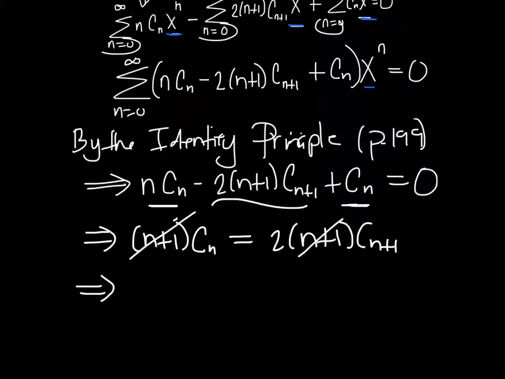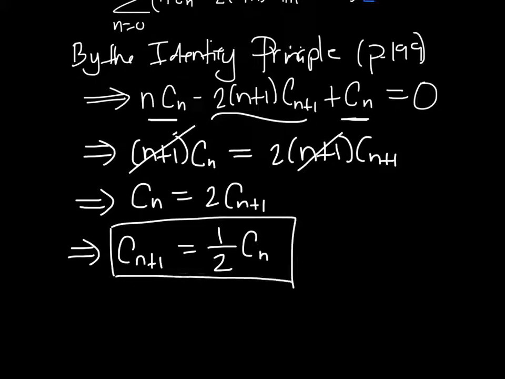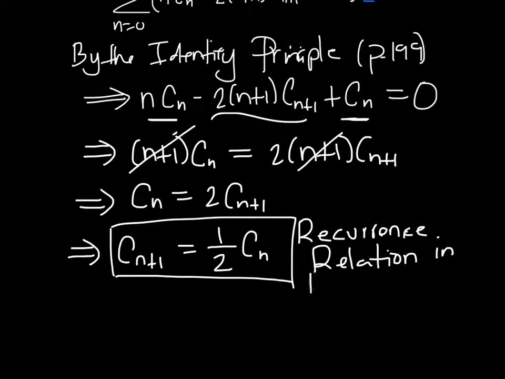And so we are left with c_n equals 2c_{n+1}, and finally solving for c_{n+1}, that's just going to be half of c_n. So all this work was to get this relationship, which is called a recurrence relation, specifically in terms of c_n.